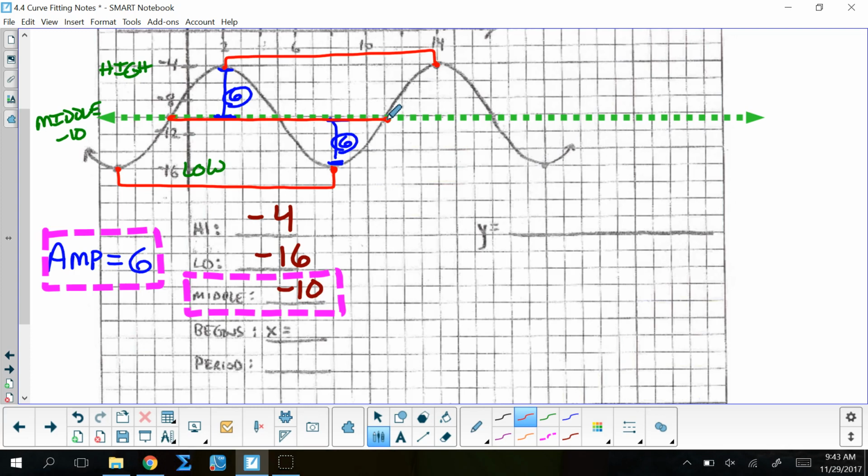Okay? What is the period of this curve? I would agree that this horizontal distance here is 12 in all 3 cases. So that makes my period be 12.